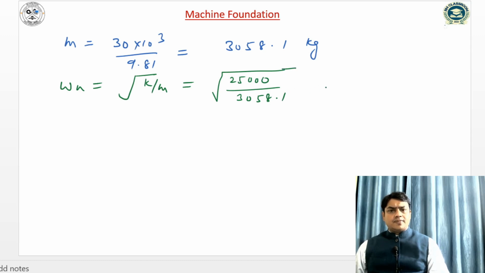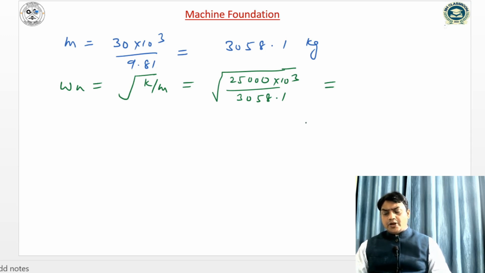So it will be square root of 25,000 into 10 to the power 3 divided by 3058.1.